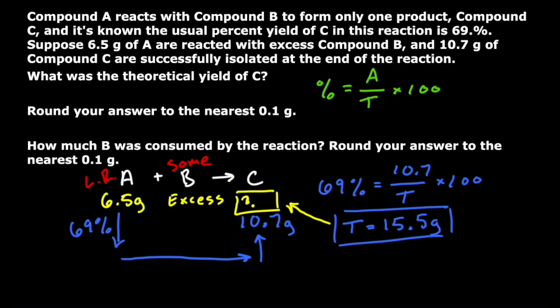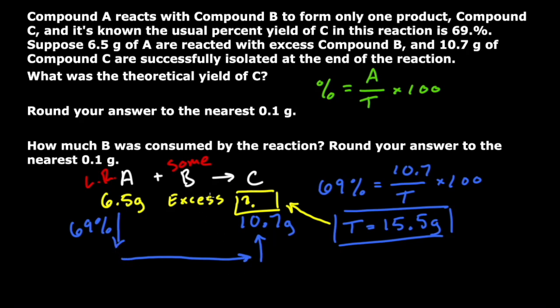Now let's do the second part. The second part asks how much of this right here, B, will be required to react with this 6.5 grams right here. Now, of this 6.5 grams, 69% is actually going to end up going over here.